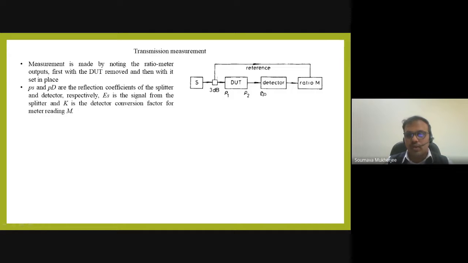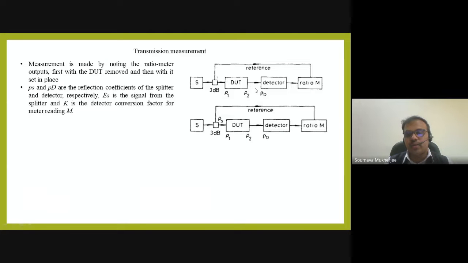And we are also assuming that rho d is the reflection coefficient at the detector. Okay, so now again here there will be multiple paths and multiple reflections happening here also. So in a similar way we can calculate what we should expect.